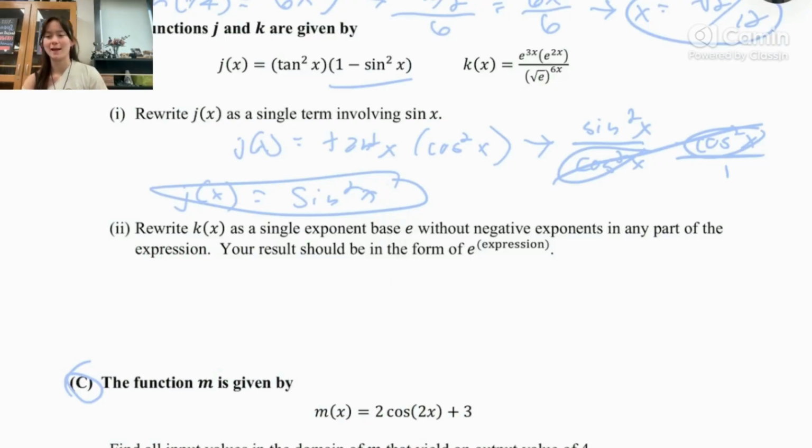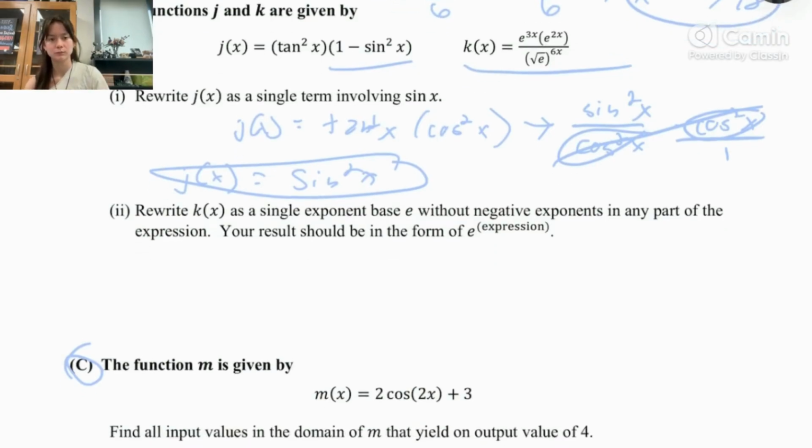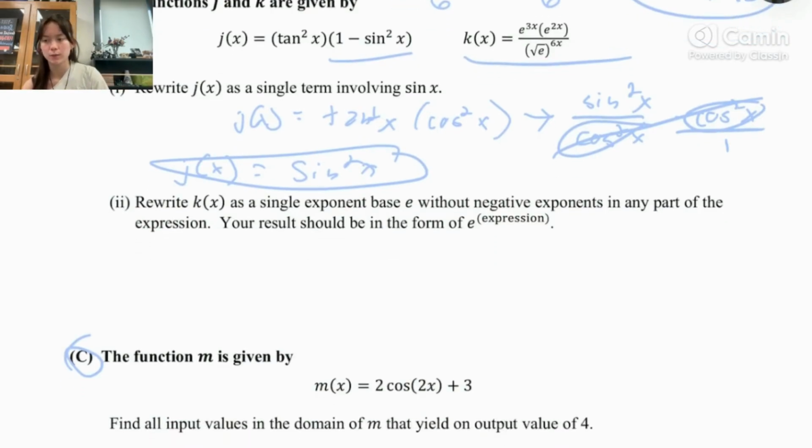So our final answer, j of x equals sine squared of x, and you'll notice that is just one term. From there, we're going to do k of x. You will be able to combine the e to the 3x and e to the 2x by adding them together. So you get e to the 5x, and then that can be over the square root and the e to the 6x, which would simplify into e to the power of 6x over 5.